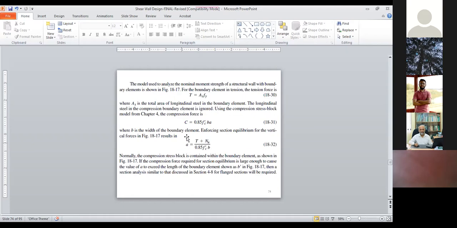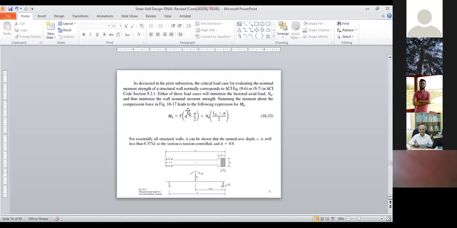Then you can calculate a, as we normally write, As fy divided by 0.85 f'c b. But here you have compression, so you have to add it from the equilibrium. Then you can get the value of a from this simple calculation.